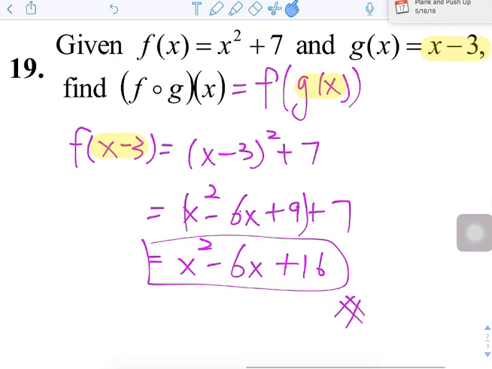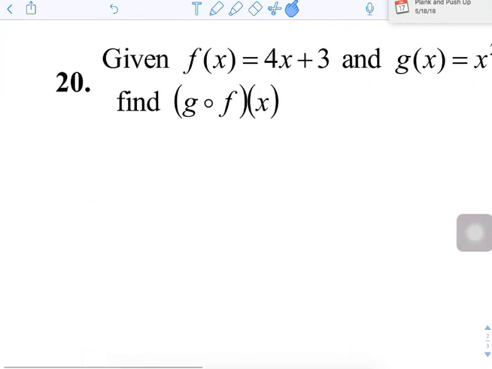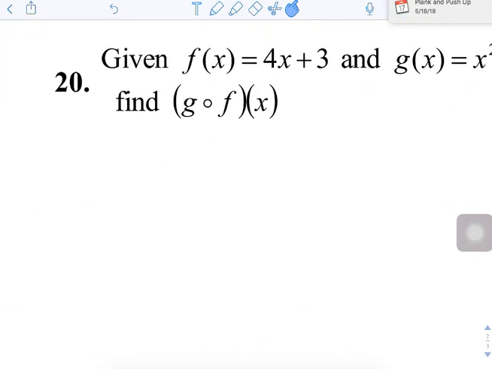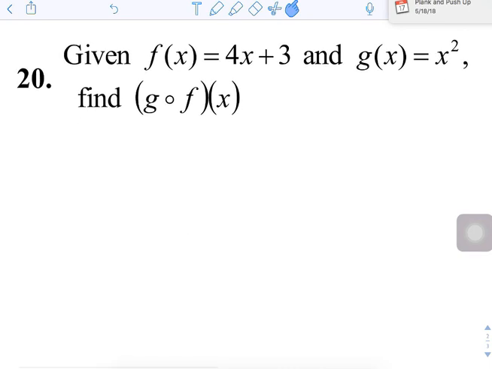Okay, let's move on to the last 2 questions. Ooh, almost there. Almost there. When you're having fun with function, obviously time flies. Okay, now this one again, writing in one step, just trying to see more efficient way of writing it.